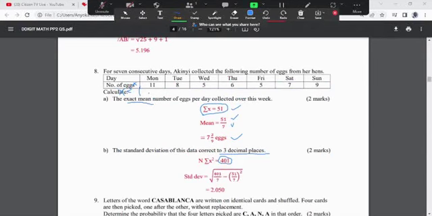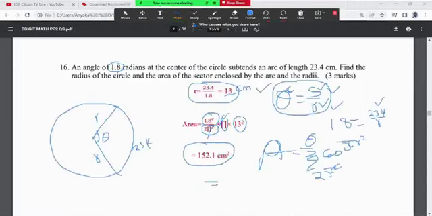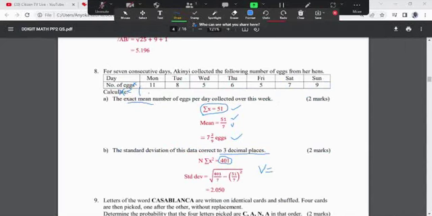Because already we have the mean, we go now to the equation. In our mathematical tables, we have the formula of getting variance. Variance is equal to the sum of x squared over n minus the sum of x over n, squared.